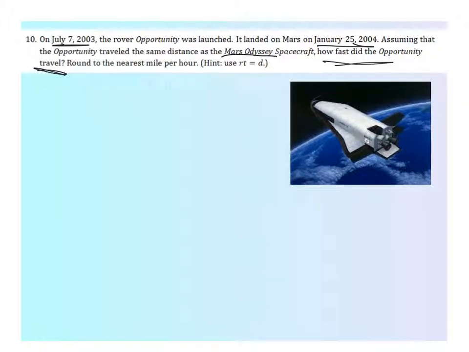So you've got to take a minute to figure out how many days it is from July 7th to January 25th, 2004. Just a quick calculation. That is 202 days. So round to the nearest mile per hour.